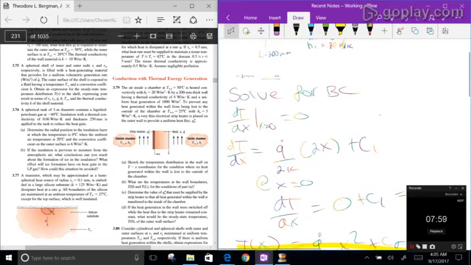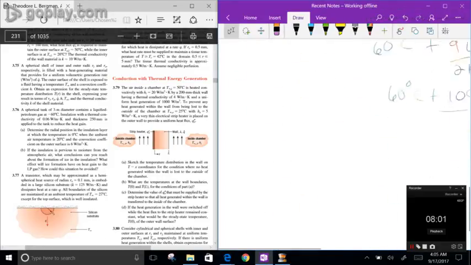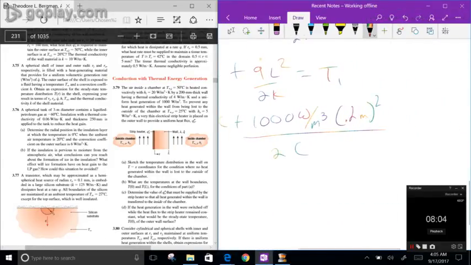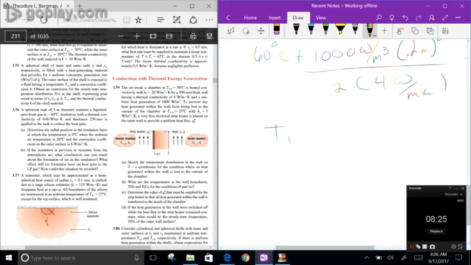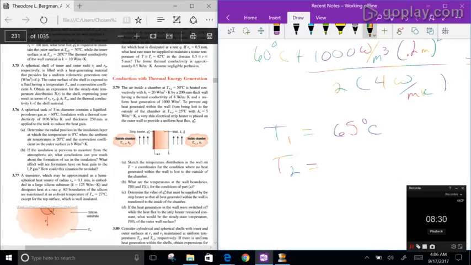And that will get you 65 degrees C. So T1 equals 65 degrees C, T2 equals 60 degrees C.